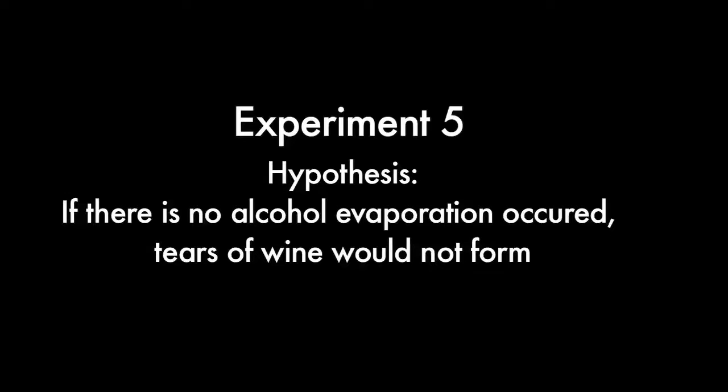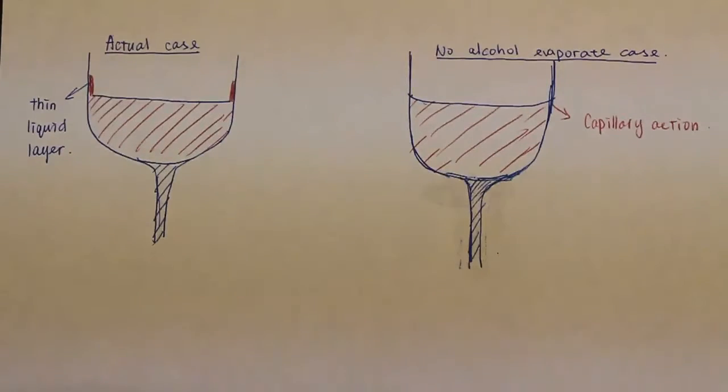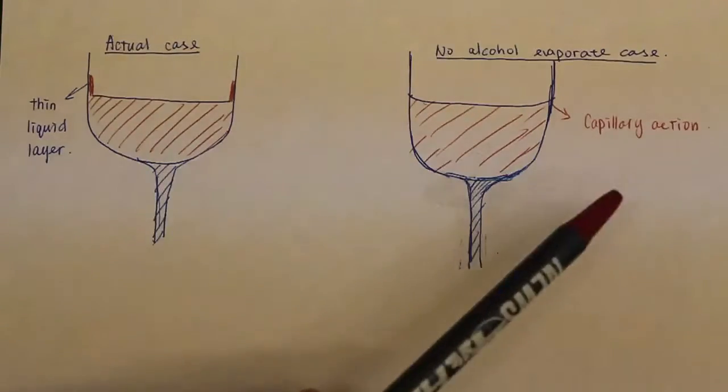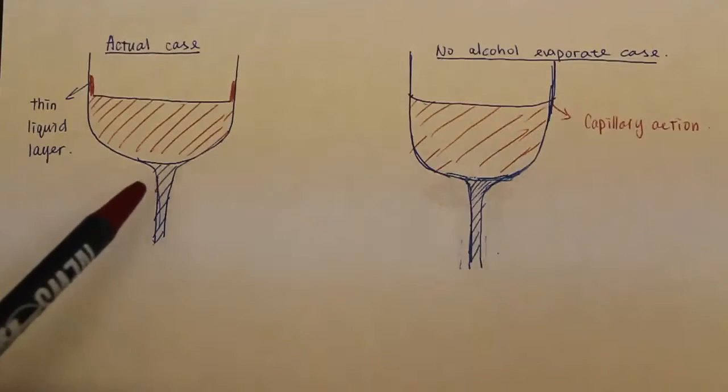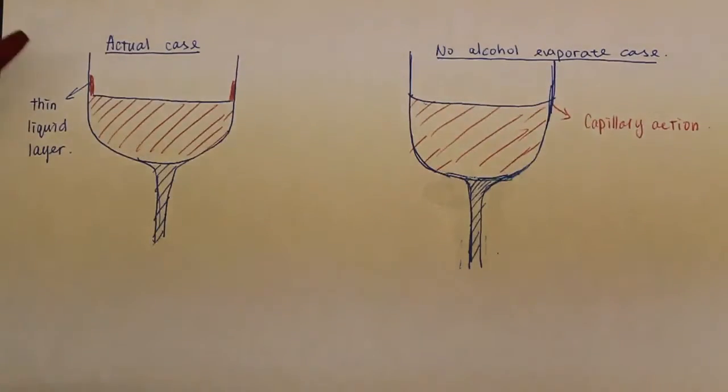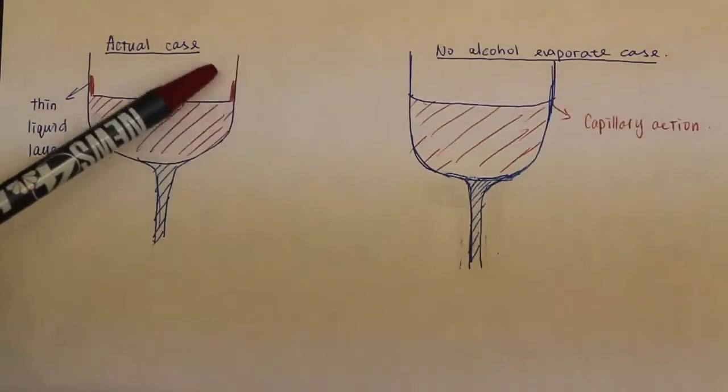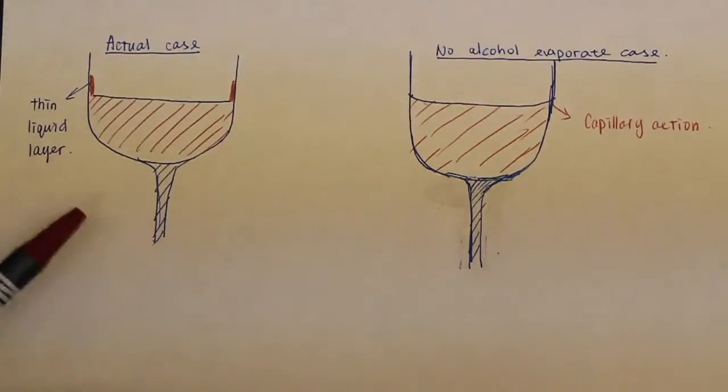Then let's do an imaginary experiment. Here we have two pictures. The first one is the actual case when you pour some wine into a wine glass, and some thin liquid layer forms on the glass wall, as I explained earlier.